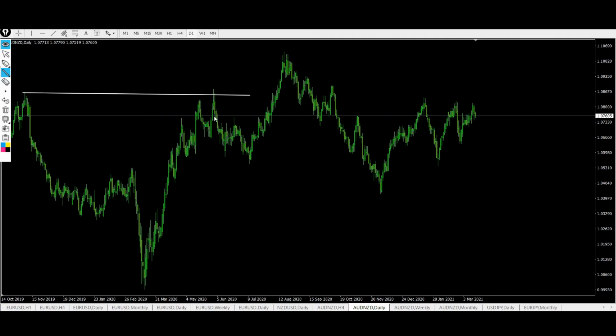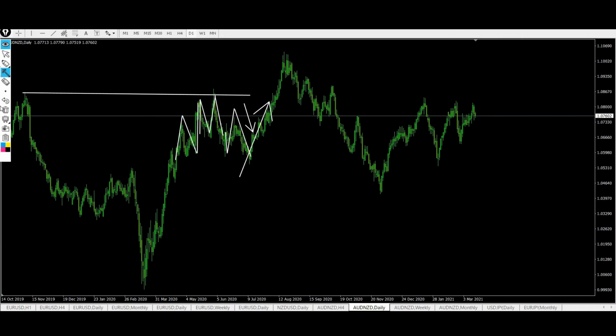But more than just a resistance, there was actually a double top here too. And there's even an HNS here, which shows us that there was a lot of strength down at this point, but still price got through that level, which shows strength up.